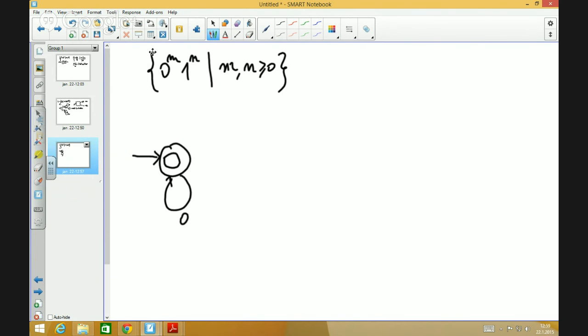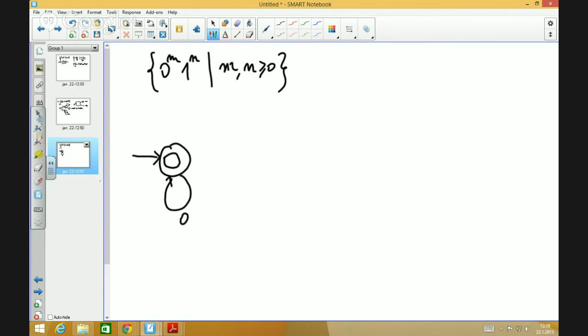In this case, I would say that since we are looping back on this state by seeing zeros, the meaning of this state is I've seen some number of zeros, 0 or more zeros, but I haven't seen any 1 yet.